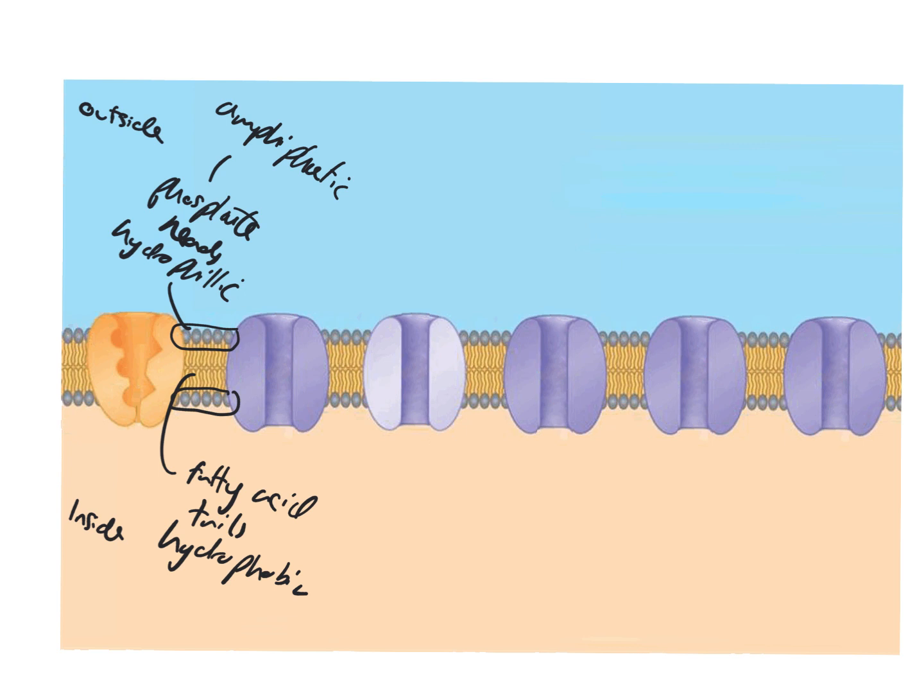So the fatty acid tails don't have that charge. So that's why those are going to orientate themselves towards each other, because they are not able to interact with the polar water, which is inside the aqueous solution, which is both outside the cell and inside the cell. So we've got aqueous solution on both sides. So this is quite important.